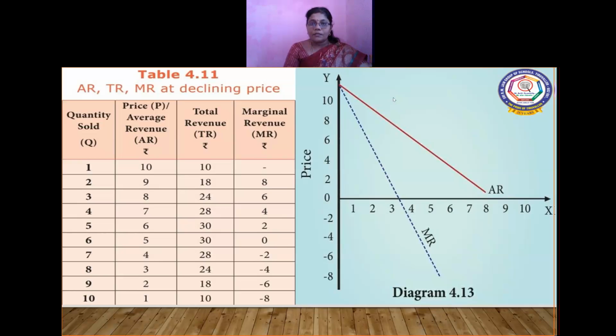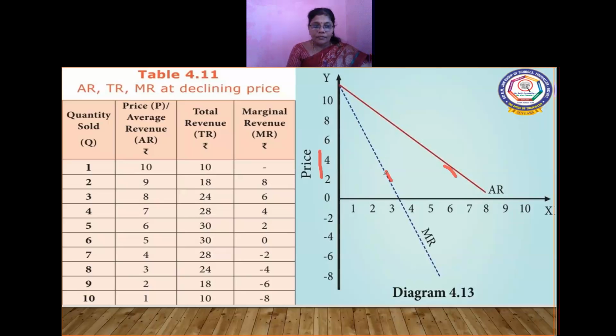In this tabular column, you can see quantity is given, average revenue is given, total revenue is given, and marginal revenue is given. If we plot all these points in a graphical representation, you can see price is marked on the axis, and you can see AR and MR. It is to be noted that MR will be lower than AR.